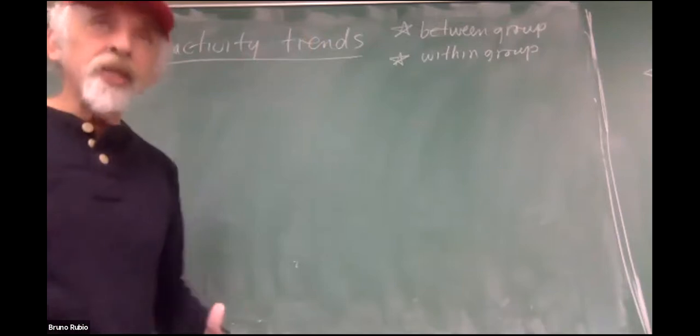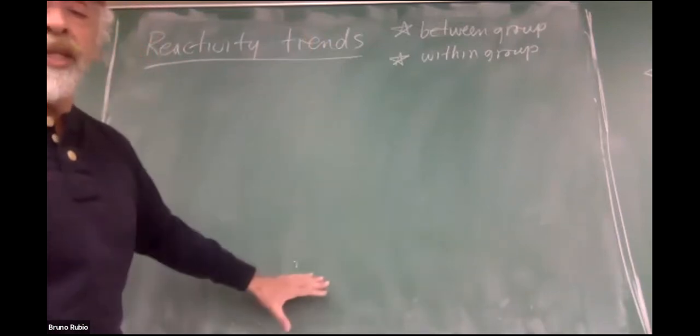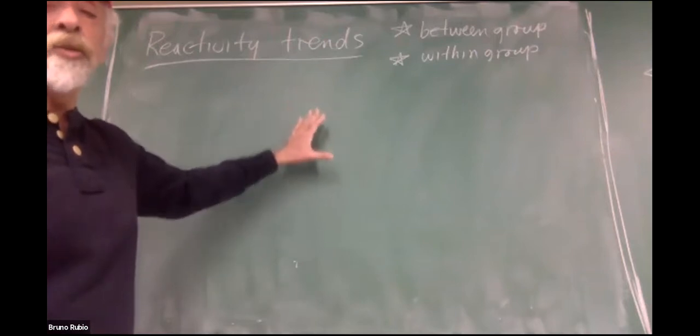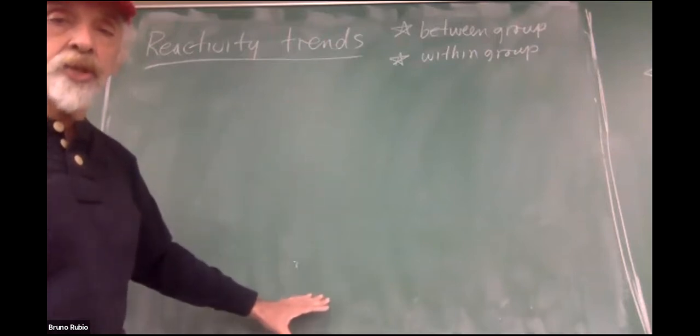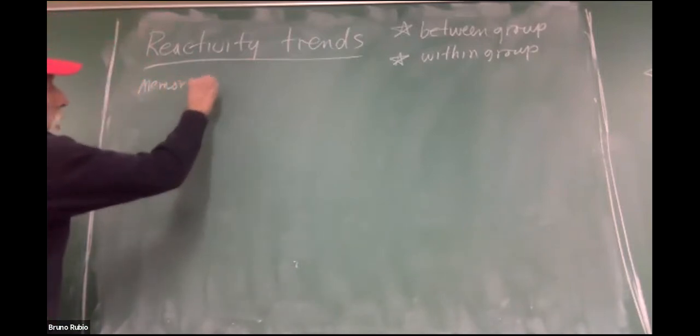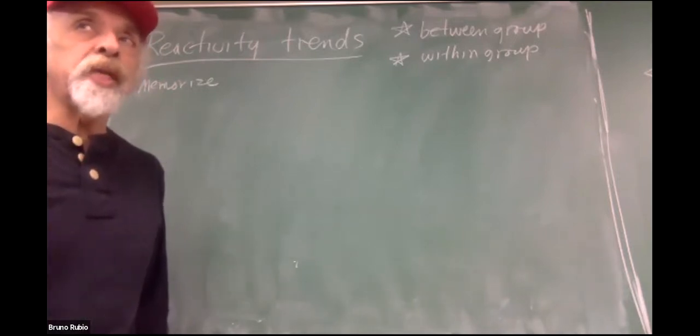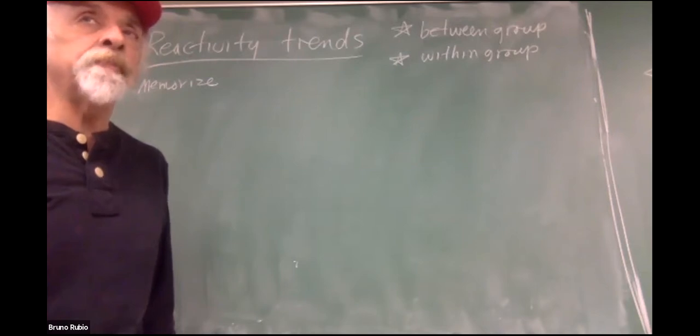Some acyl derivatives are very reactive, and some are not that reactive. So there's a trend, the between group trend. I'm going to lay down the law here, and I need you to memorize this trend. We may have a closed book exam at some point.